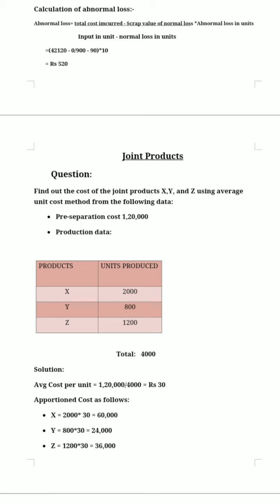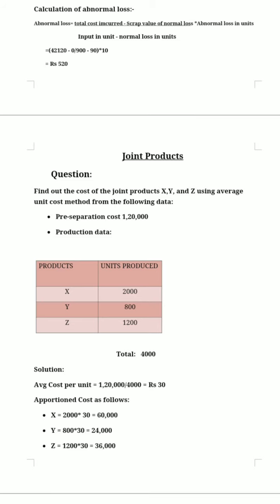In order to find the average cost per unit, we need to divide the pre-separation cost by total units produced, that is 1,20,000 divided by 4,000. We get rupees 30 as the average cost per unit. So we can apportion the cost as follows.